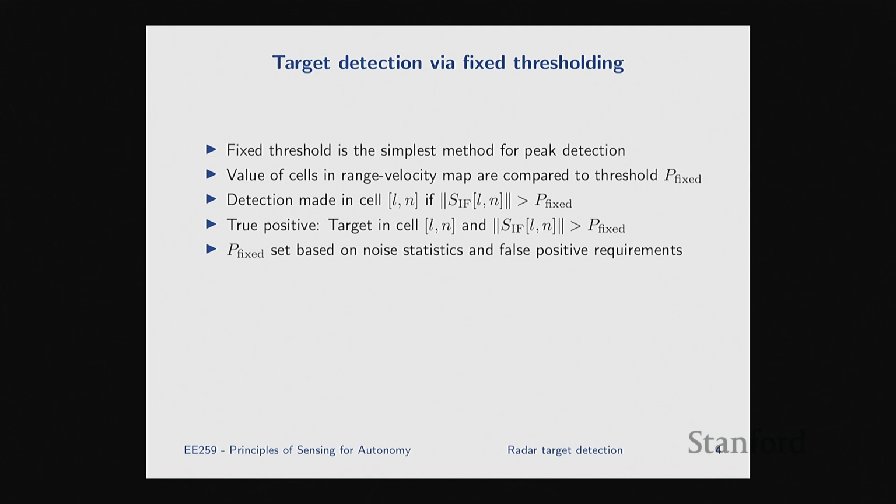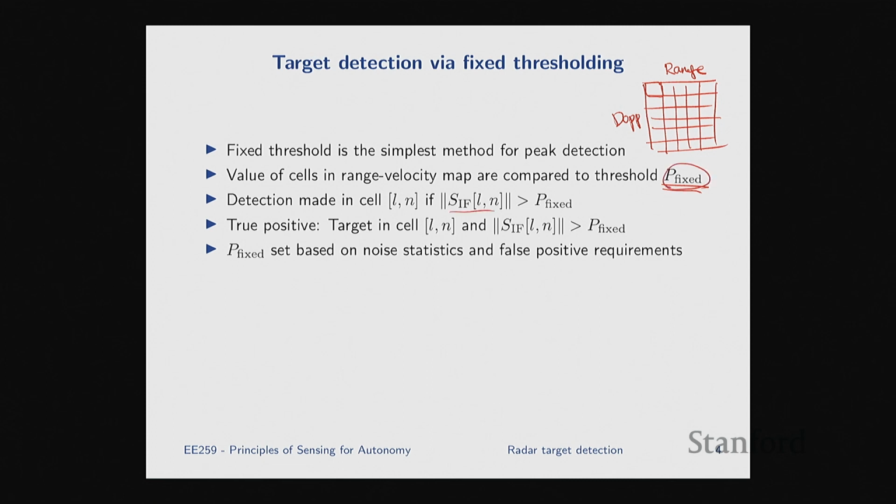With fixed thresholding, again, if I draw a mini range Doppler map here, with the cells, and let's say you have range on one axis and Doppler on the other axis, you can decide on some fixed threshold, P fixed, and then compare the magnitude value of every cell, basically the absolute value of it, to that P fixed.